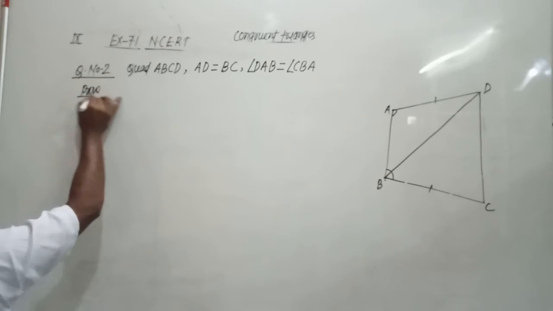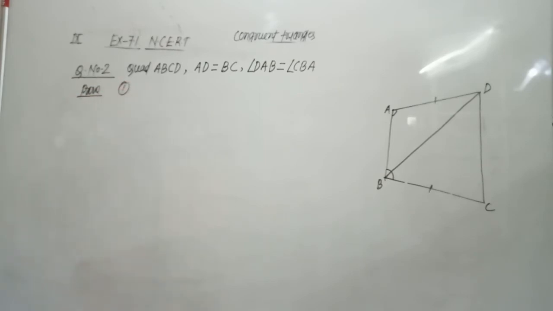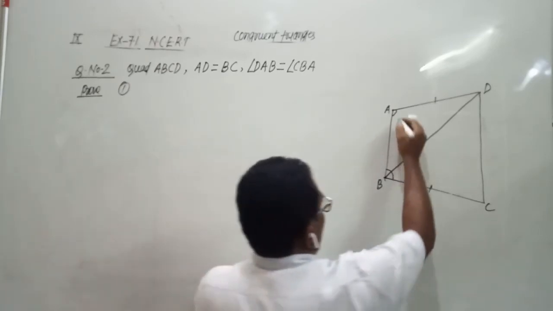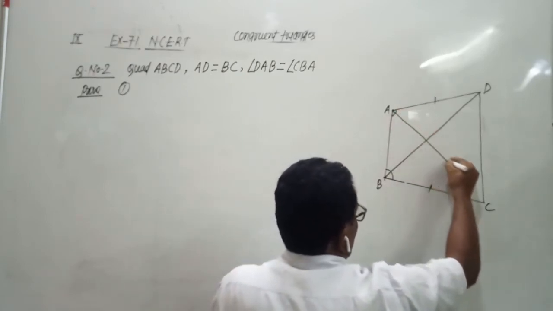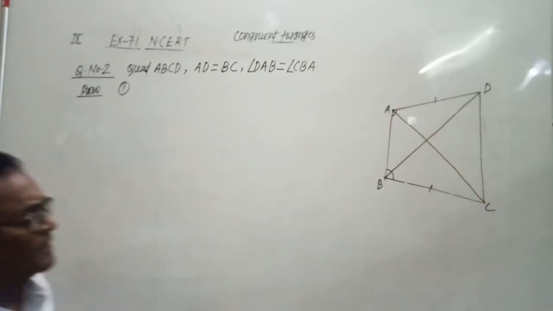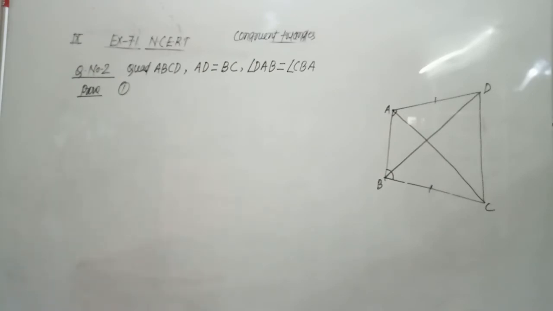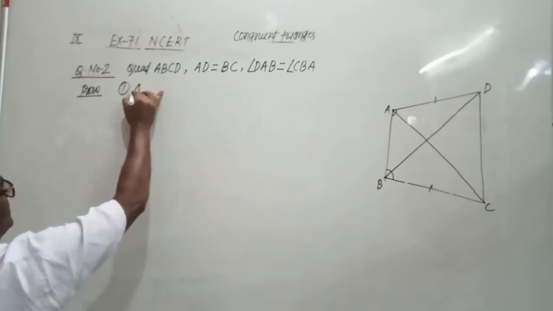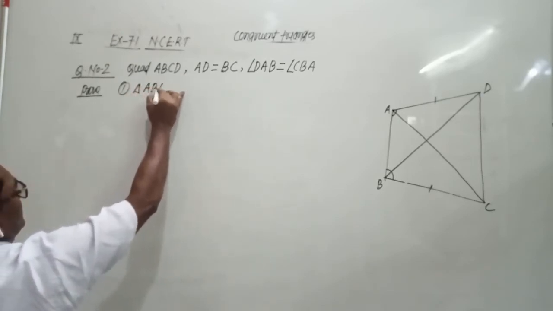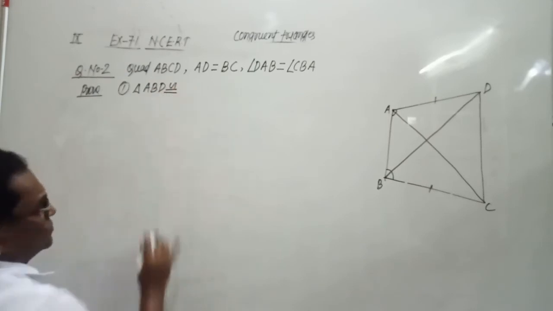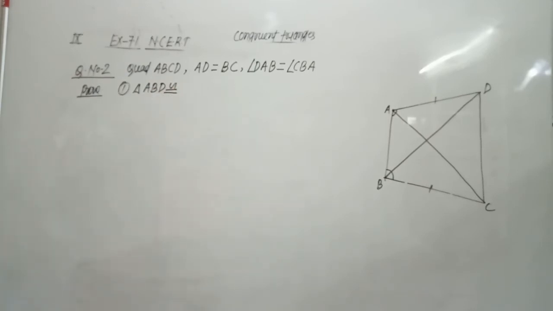Prove that, the first part: triangle ABD is congruent to triangle BAC.